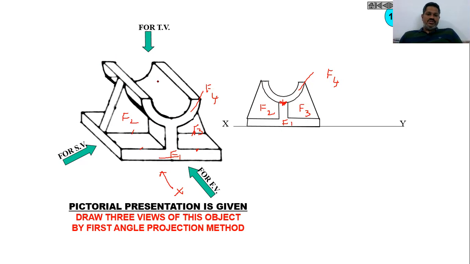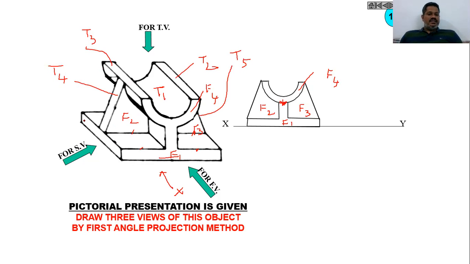In top view, you can find this rectangular face, even though it is a cylindrical surface. When you see from the top or front, it looks like a rectangle. So you can have one rectangular face here, T1, one more rectangular face here, T2, and one more rectangular face, T3, here. Similarly you will also find this face, T4, I'm assuming this as T4, and on this side also you have one more face, T5.